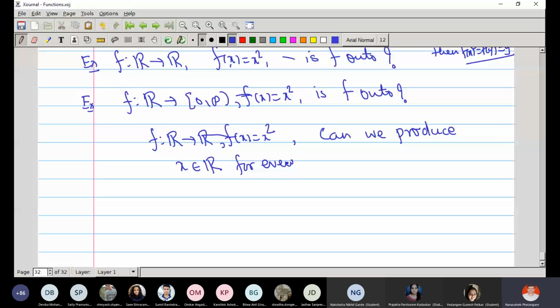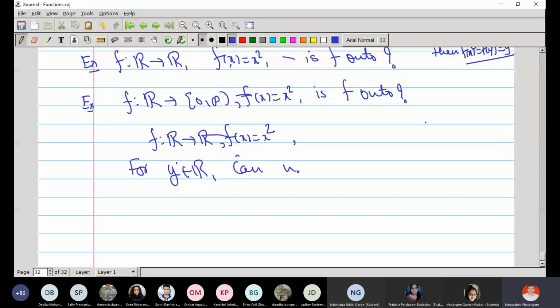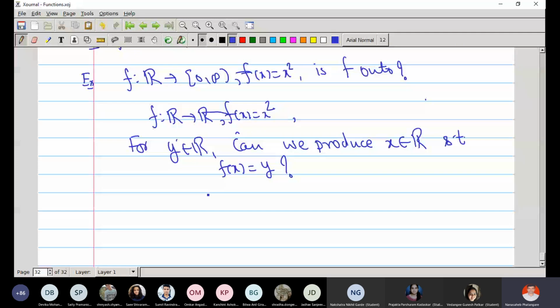For any y in R in the codomain, can we produce x in the domain such that f of x is equal to y? Is it possible for any y?